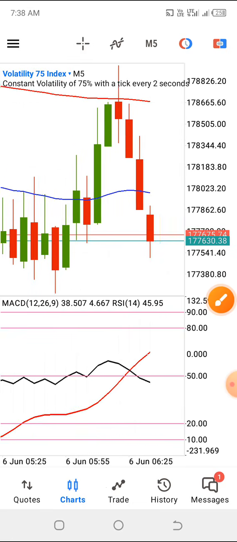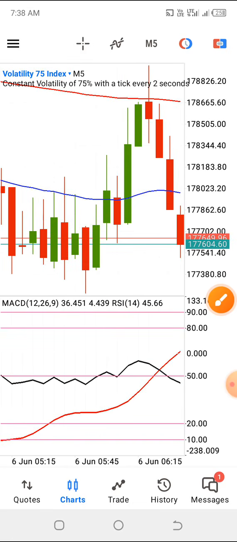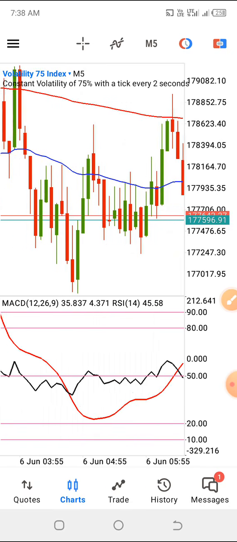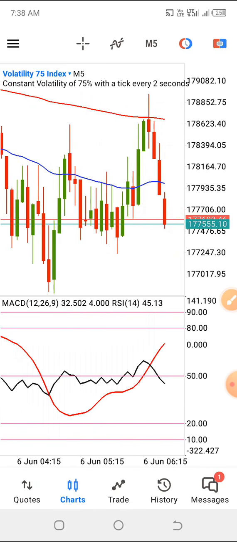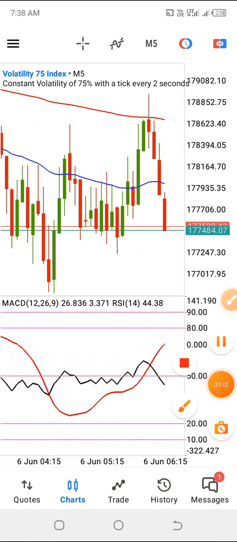So what should I do in such a state? Look at this place. All these things are proof that the market is consolidating in this frame. So in this frame, what should I do? Can I trade here or should I avoid this?